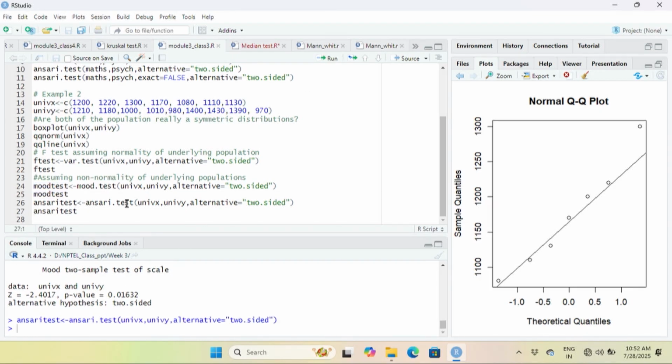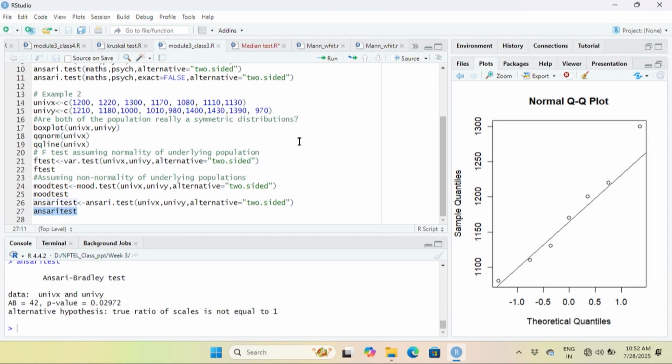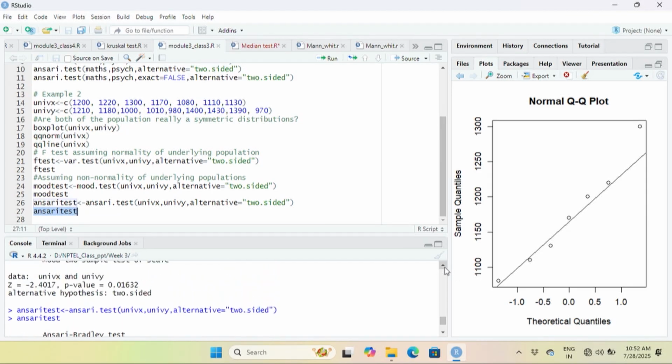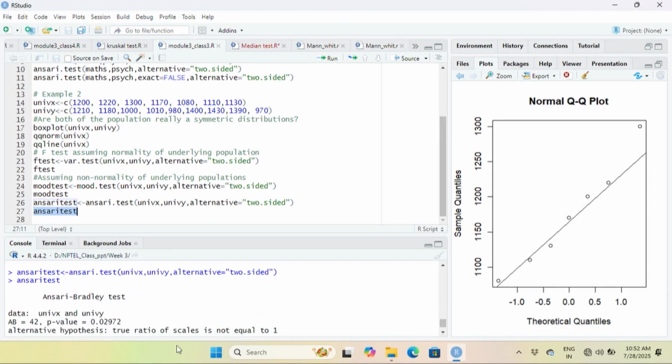You see, ansari.test, and what is the output for the Ansari test? It is completely different, AB, but look at the p-value. P-value is 0.029. So this p-value is also less than 0.05. You can have the idea of rejecting the null hypothesis. Okay, let me get back to the PPT again.